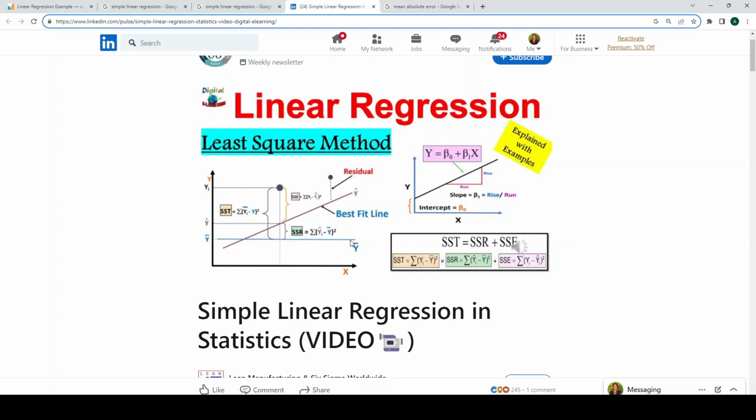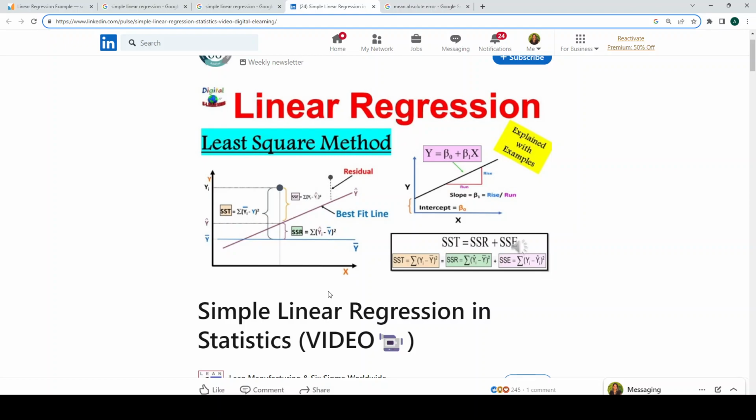So that is the fundamental concept of R square. R square tells you the explainability of the model, how much of a variation in your income is being explained by your age or your independent variable.